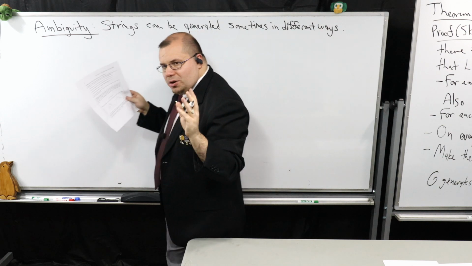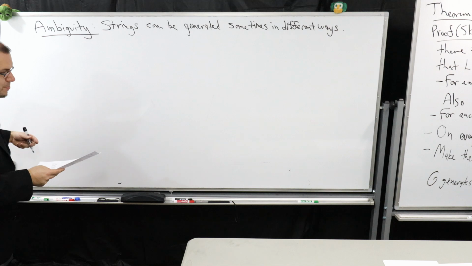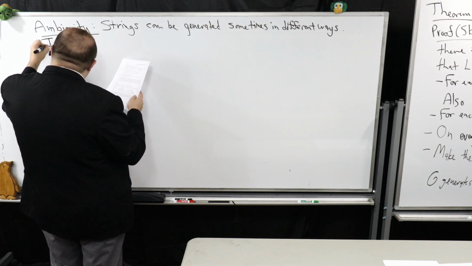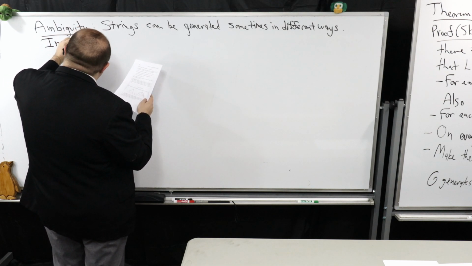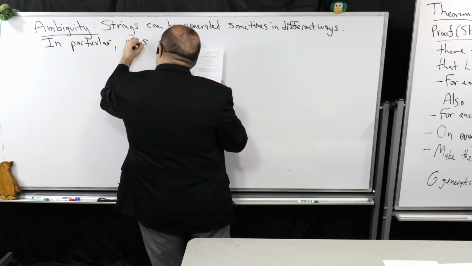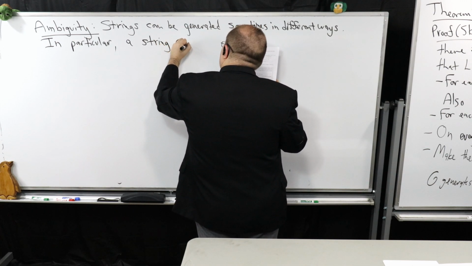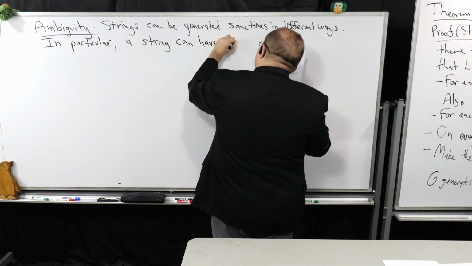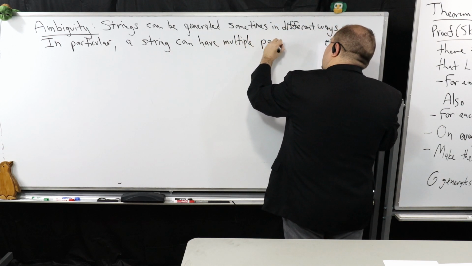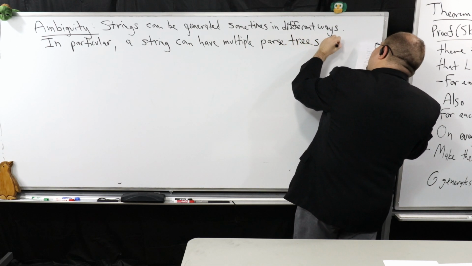Now, we talked about a parse tree before. I'm going to remind you of what a parse tree is through this example. The bigger point I want to talk about is that a string can have multiple parse trees as yield.